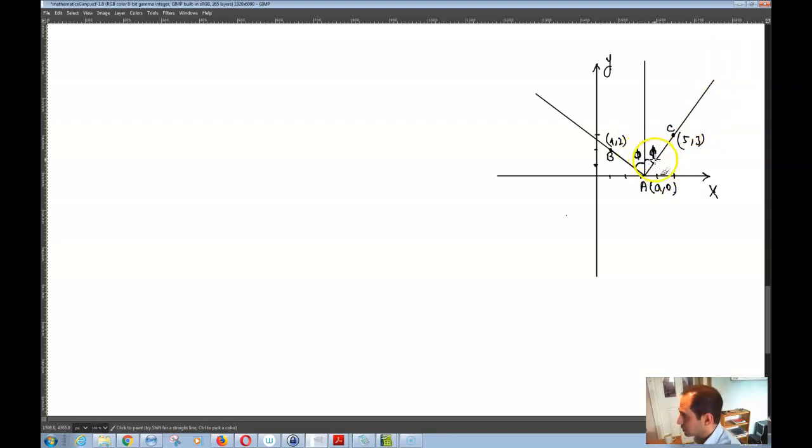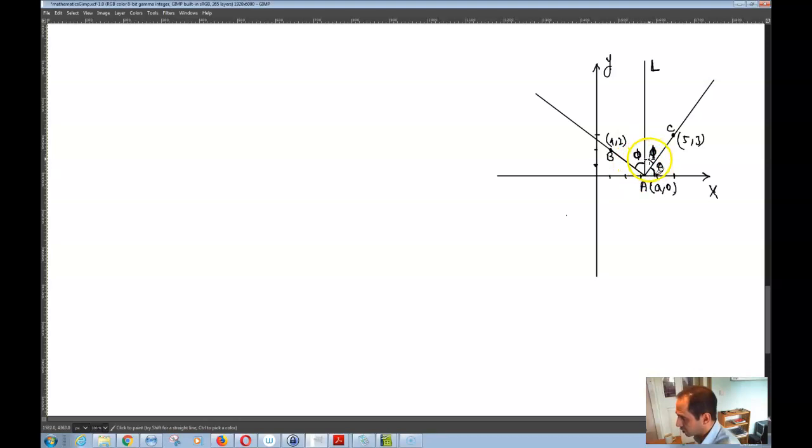The way that you can solve this problem, of course there is a way that would be doing unnecessary things, is this: you can call this angle, for example, theta, and if this line over here is perpendicular to the x-axis, then this is going to be a 90-degree angle, and this is going to be a 90-degree angle.